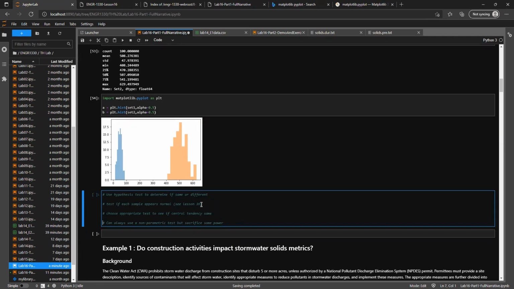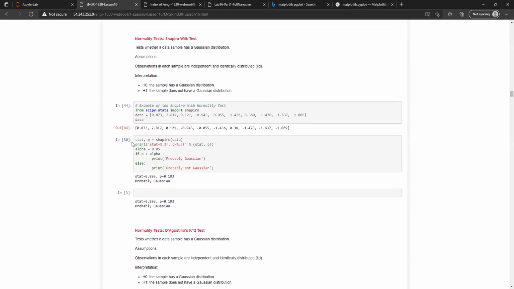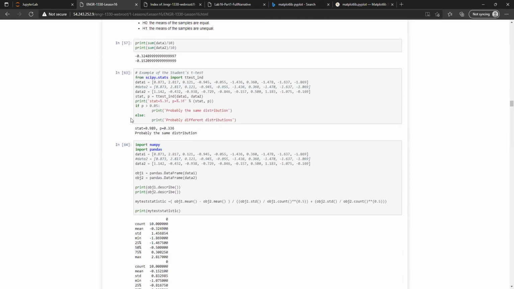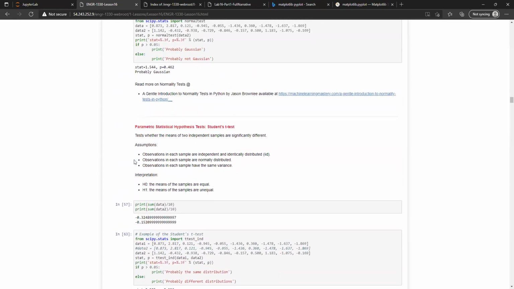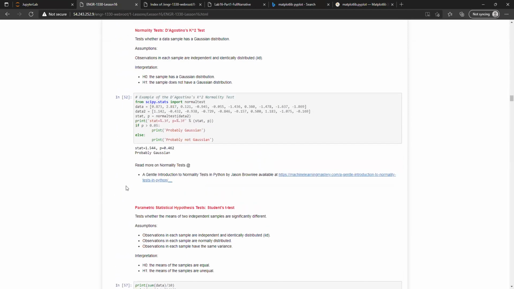The first one, I want to test if each sample appears normal. So I need you guys to tell me which of these tests we have here and shall we use. And it's going to be pretty simple because we can copy and paste, but the question is, which test do we use? So you can feel free to scroll yourself.